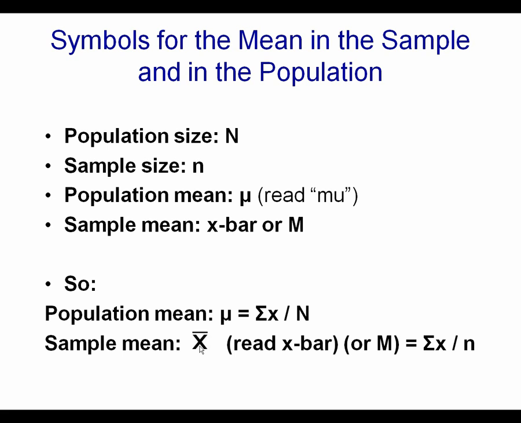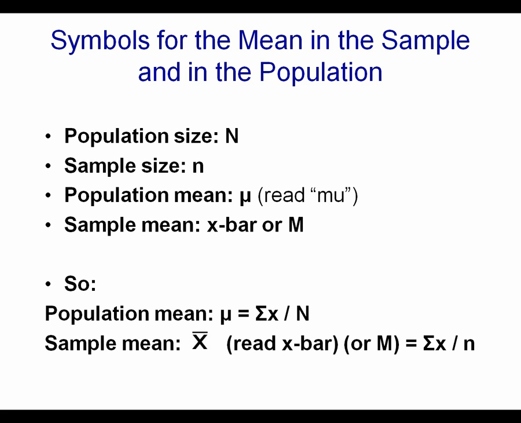And the sample mean is X bar instead of mu, because we could also use the large letter M here, equal to the sum of all x's divided by the sample number of observations.